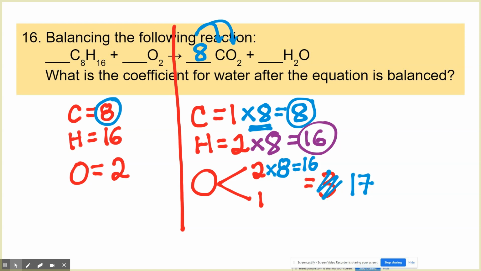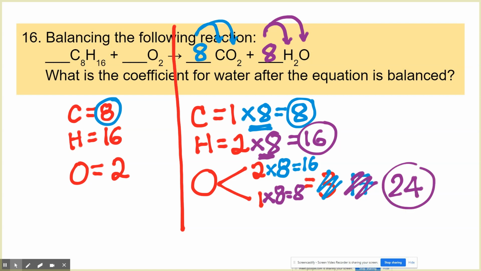Again, that 8 that you used to multiply becomes your new coefficient right here. Look at it. It multiplies the H. It also multiplies the O. This time, guys, it's the other O. So times 8, you got 8. 16 plus 8, the total is now what? 24.